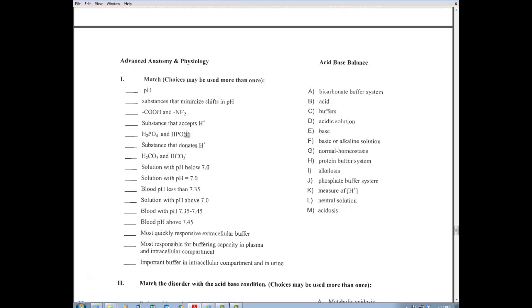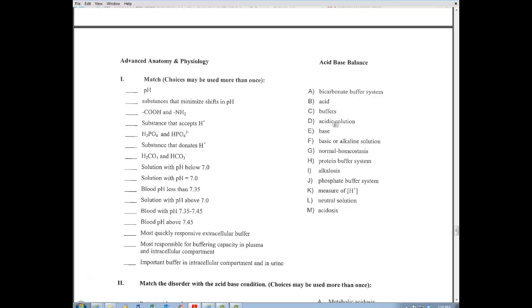Any substance that donates or releases hydrogen ion, we call that an acid. And this is bicarbonate and carbonic acid, that's part of the bicarbonate buffer system, letter A. A solution with low pH, that's an acidic solution, anything less than 7.0.